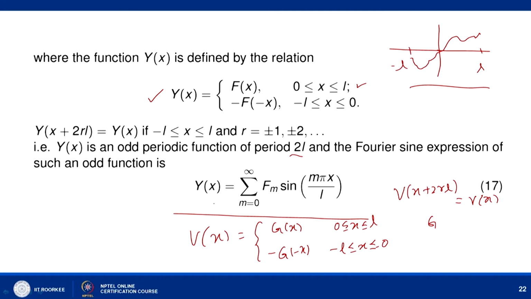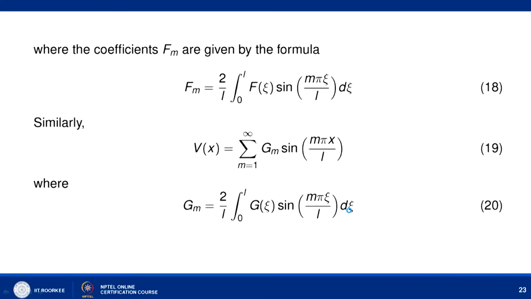And similarly, as y has a Fourier sine expansion, v of x can be written as sum over m from 1 to infinity of g m sin(m pi x by L). Here the Fourier coefficients, that is f m and g m, you can find using the orthogonality property of sine and cosine functions.